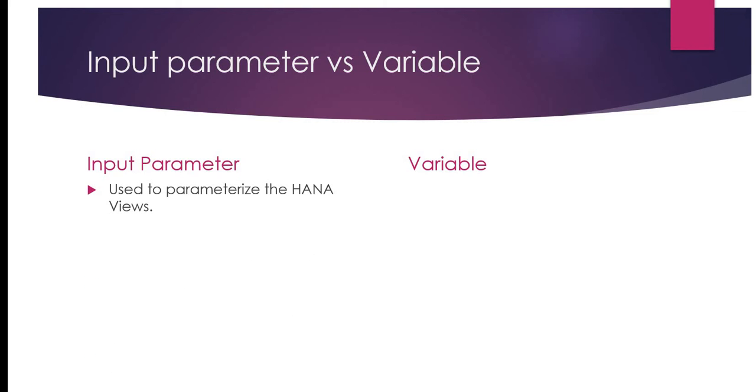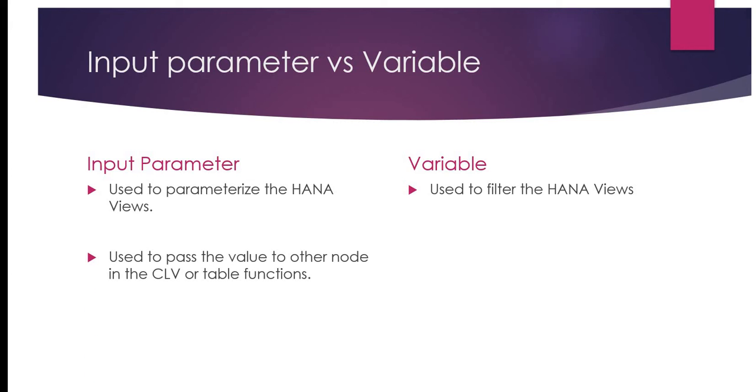Input parameters are used to parameterize the HANA views, whereas a variable is used to filter the HANA views. So there are two different concepts or words used here. In the case of an input parameter, we parameterize the HANA views, whereas with a variable we are actually filtering the HANA views.